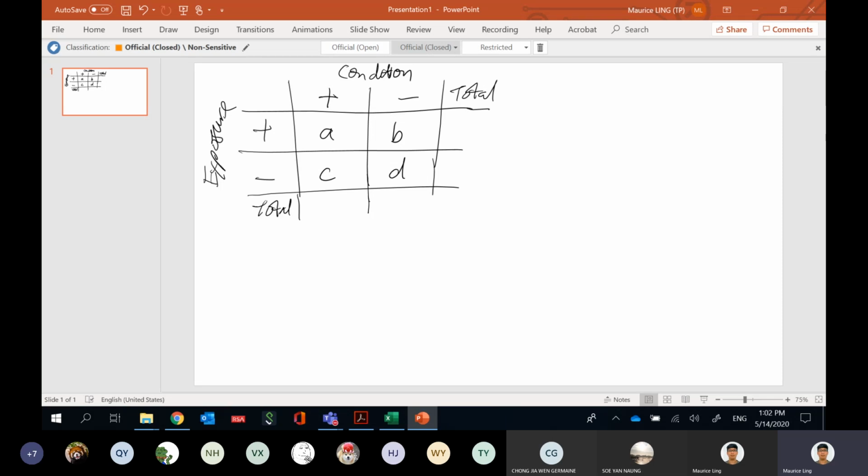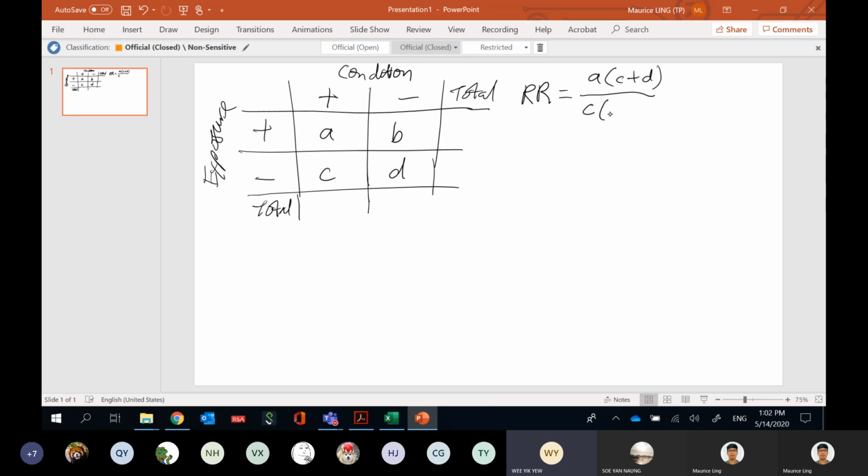So in this case, for relative risk, what is the equation? Anybody can remember off your head? A over A plus B, over C over C plus D. Usually, yeah, it's correct.